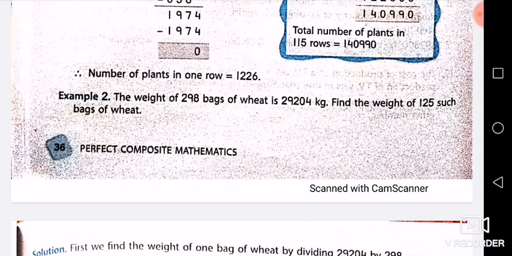Find the weight of 125 such bags of wheat. So, what is given in the question? Yes, the weight of 298 bags of wheat is 29,204 kg.